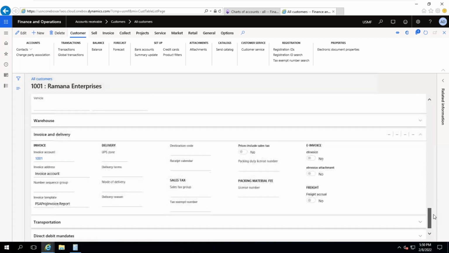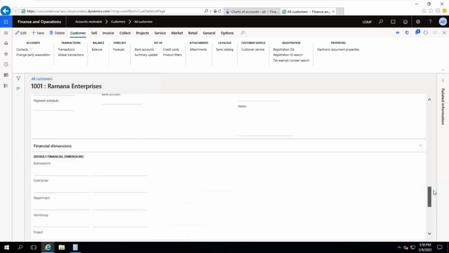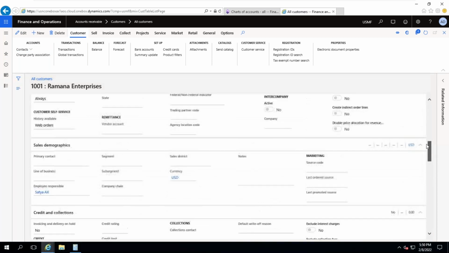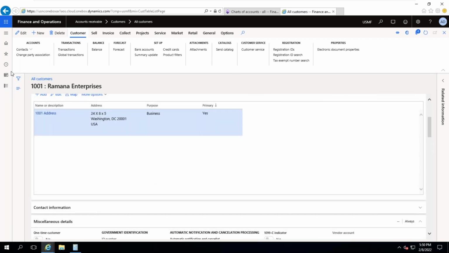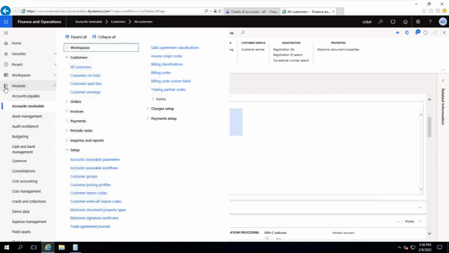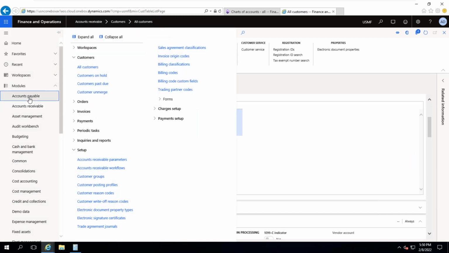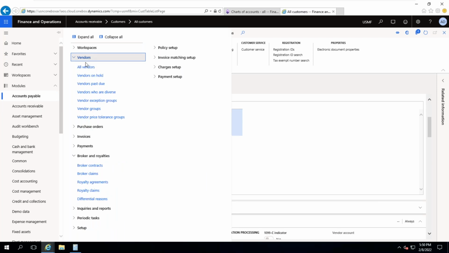Earlier it was at the top only, but later on it was inside. It is there. Otherwise, I will show you from the vendor side. For the customer side it will be the same. First, let me show from the vendor side.